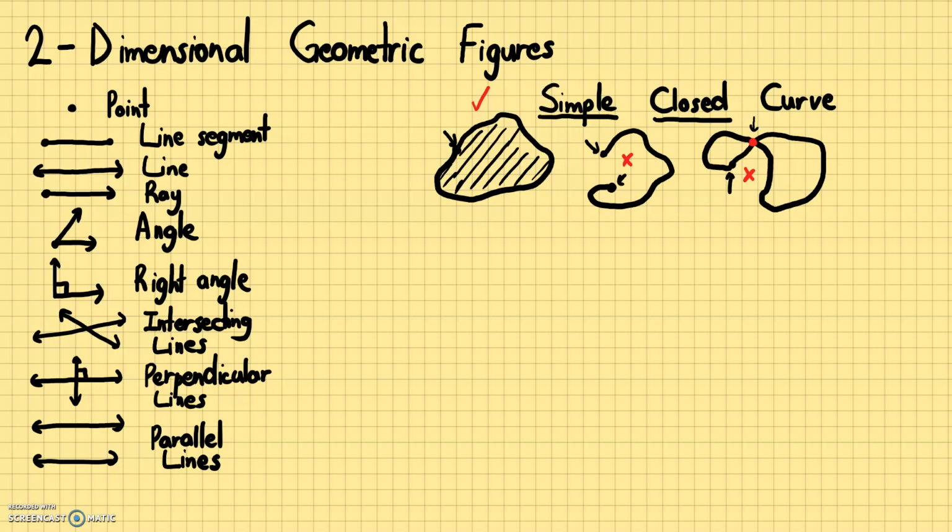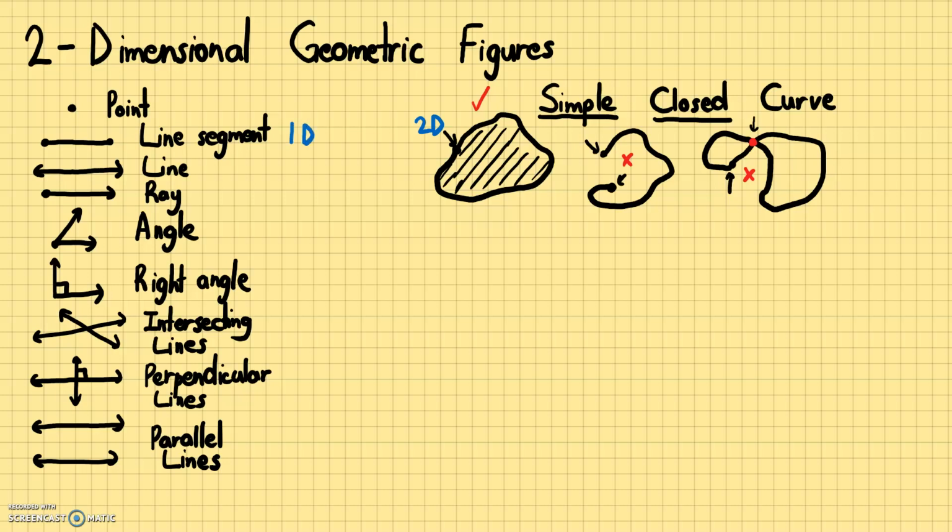Okay, and while I'm at the simple closed curve, I want to also show you the difference between one-dimensional and two-dimensional figures. So this is two-dimensional, right here. A line segment is one-dimensional.